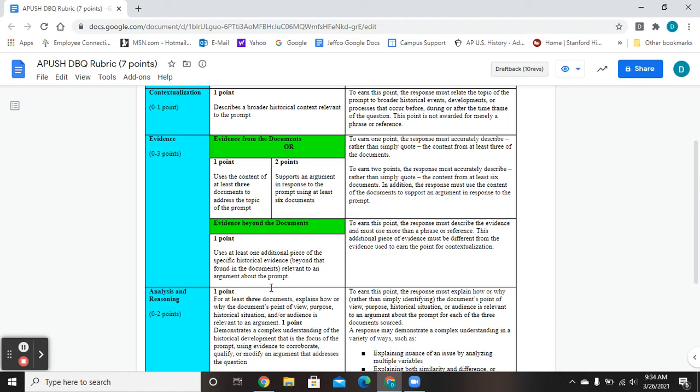So for instance, if the document is something in the Declaration of Independence, usually you're just going to get an excerpt, just a short outtake from the document. So let's say you're dealing with the Declaration of Independence, and it just deals with the preamble.